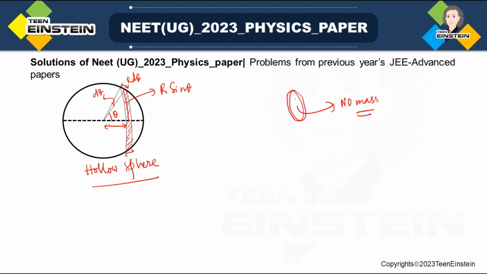So what we will do is calculate the moment of inertia of a ring. The moment of inertia of a ring about its own axis is m r square.